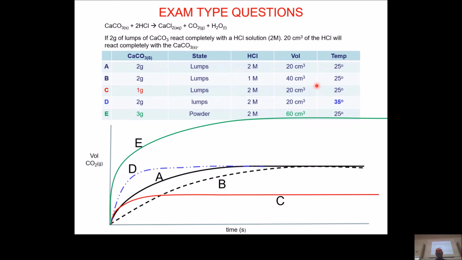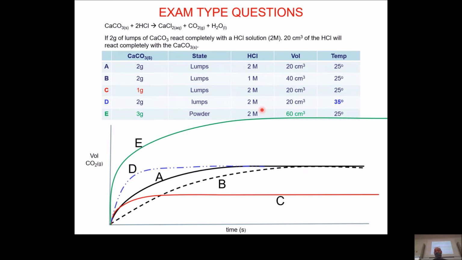If 2 grams reacts with 20 centimeters cubed of 2 molar, then with 3 grams there would not be enough. But there's 60 centimeters cubed of the 2 molar. So 2 grams reacts with 20 centimeters cubed of 2 molar, right?